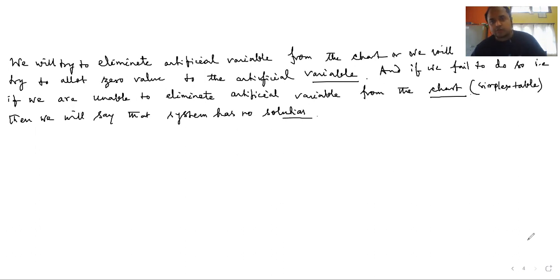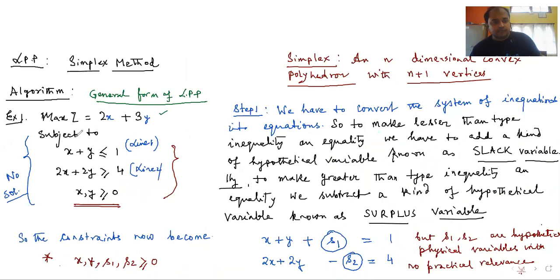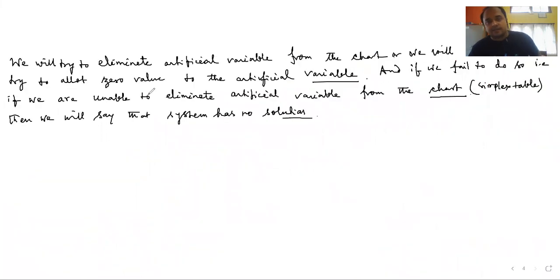The system has no solution, which we are supposed to get in the given problem, because you already know that in the given problem the system has no solution. So probably when I apply the simplex method, we will not be able to eliminate the artificial variable from the chart.